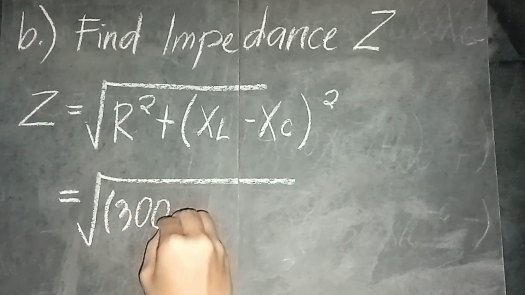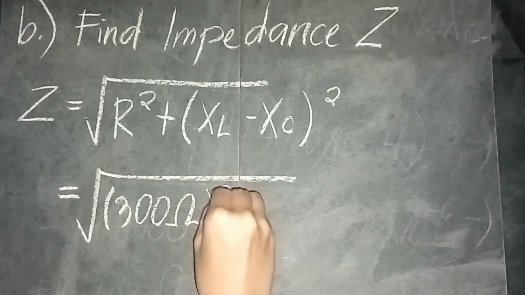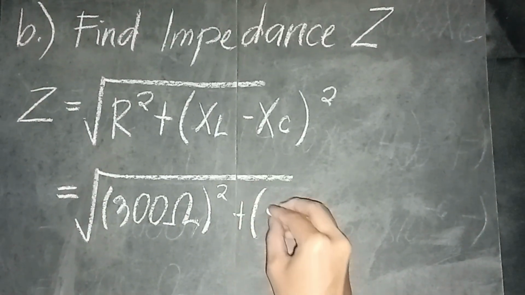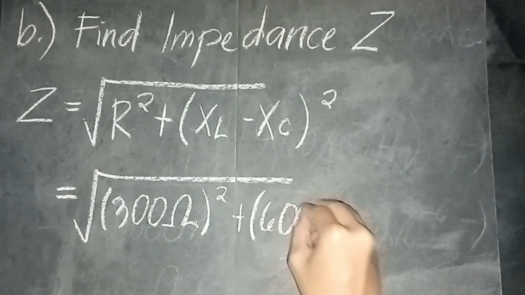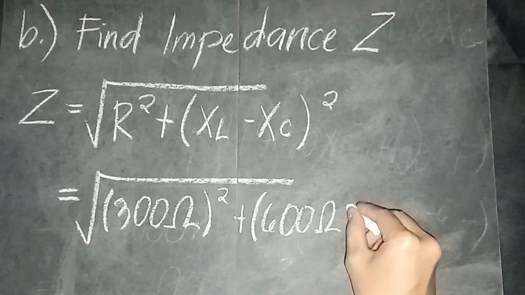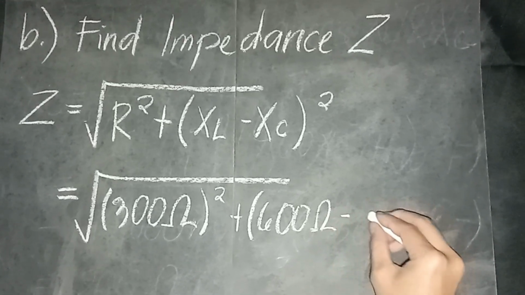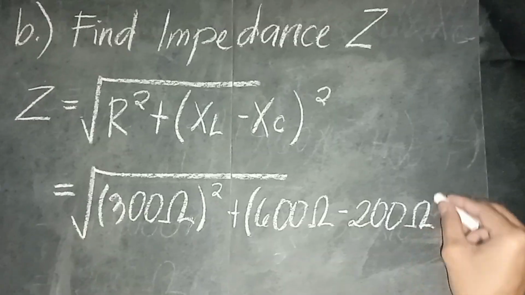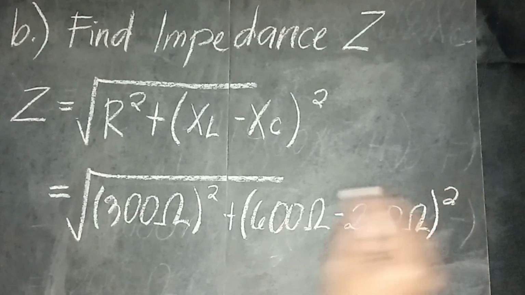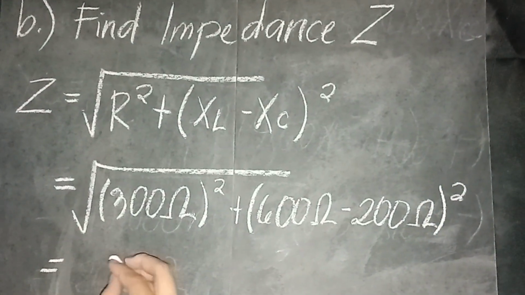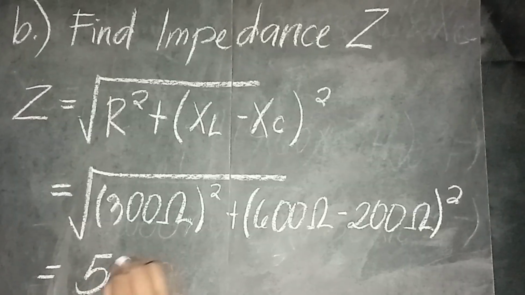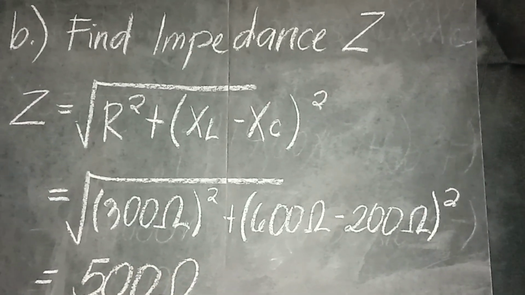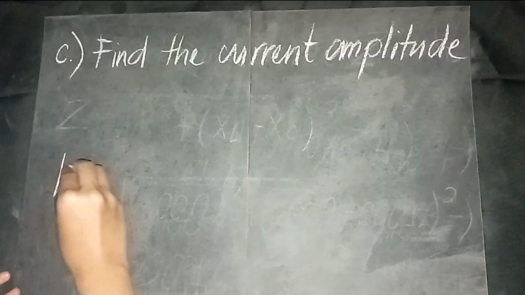R is equal to 300 ohms. So, 300 squared plus, the XL and XC that we solved earlier, which is 600 ohms minus 200 ohms, squared. And the answer is 500 ohms, since the unit of impedance is ohms.